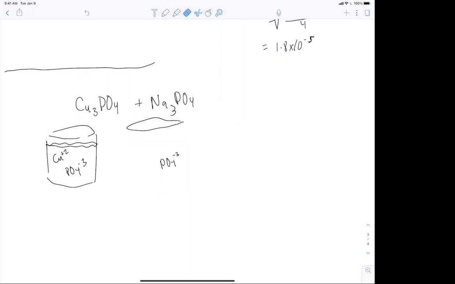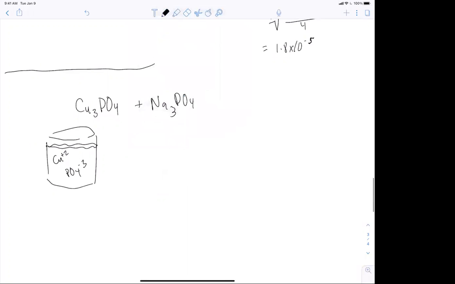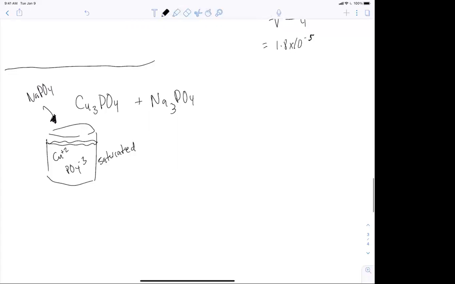That makes the problem not fair. So I have copper phosphate, this is saturated. And now I'm adding sodium phosphate in, and we're saying what's going to happen. Okay, that question makes a lot more sense. So I've got solid sodium phosphate, I'm adding it into saturated copper phosphate.